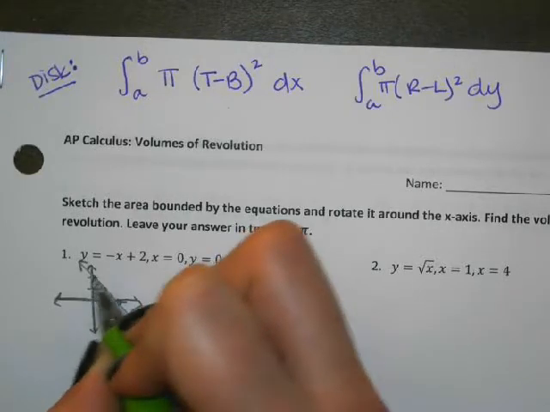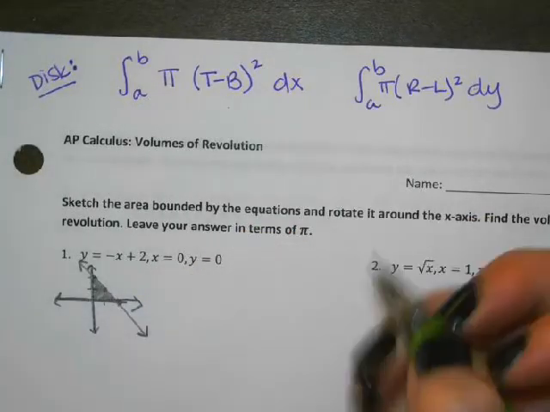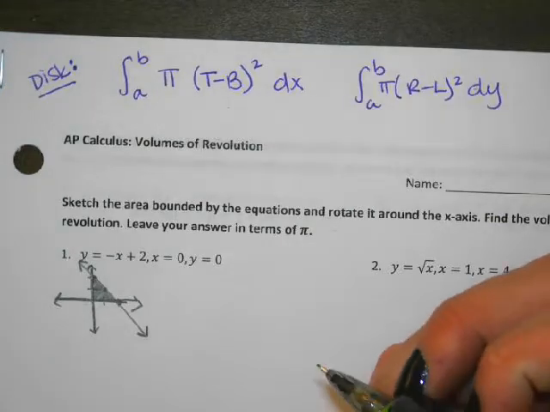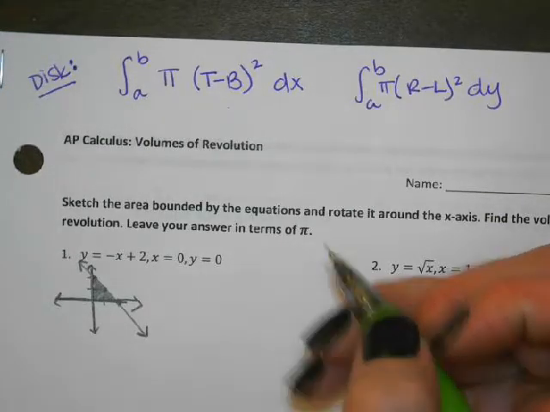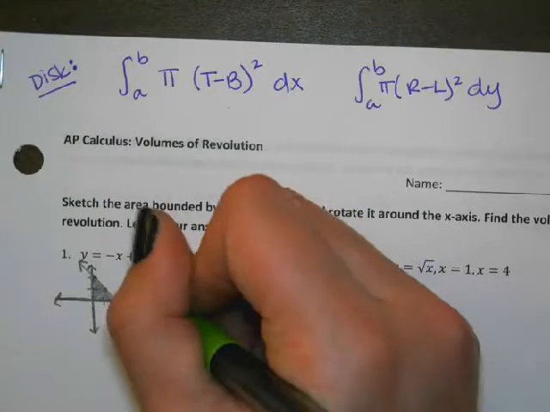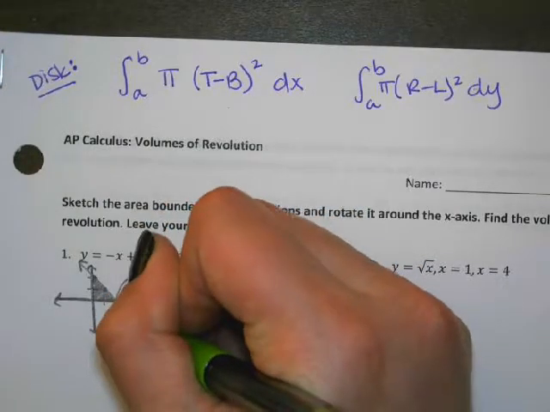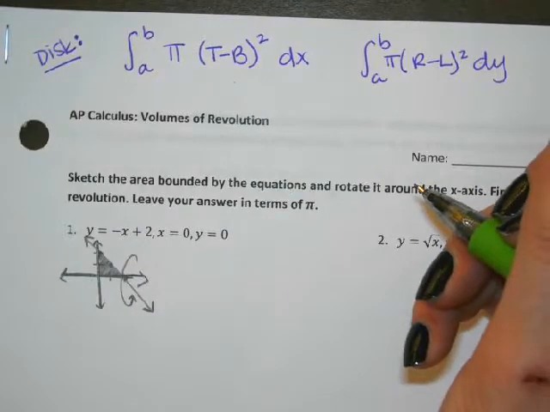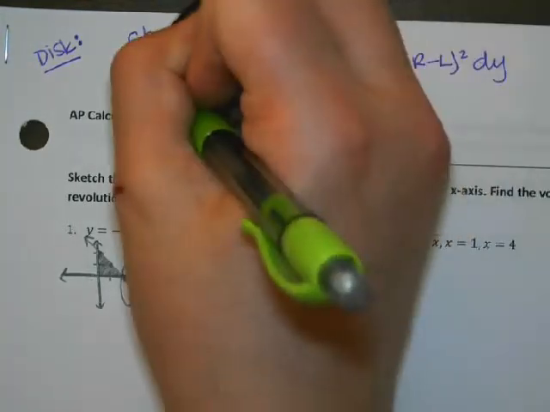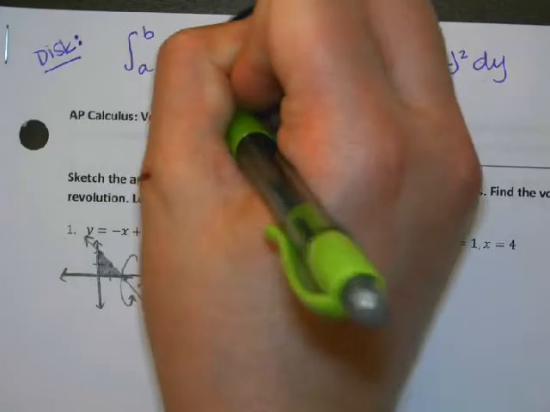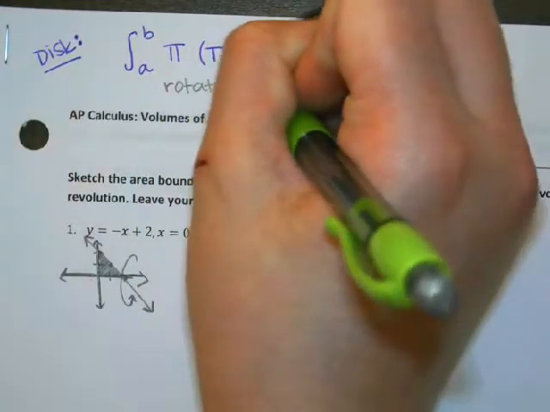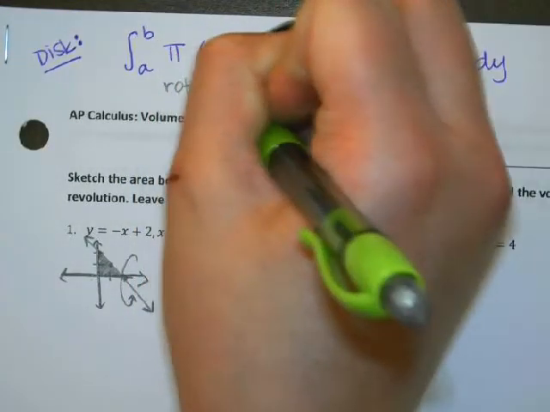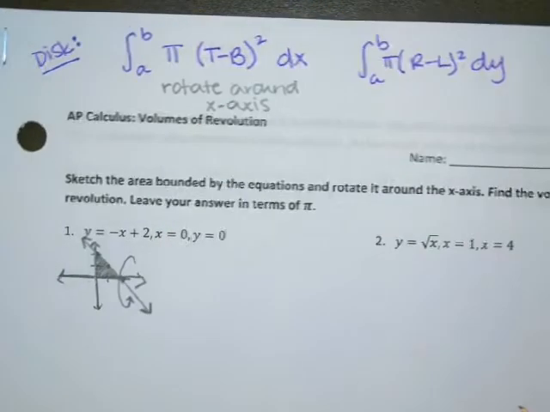And what did the instructions say about the axis that we're rotating it around? We are rotating it around the x-axis. So if we are rotating it this way, is it in terms of x or is it in terms of y? Okay, so rotating around the x-axis would make it in terms of x.